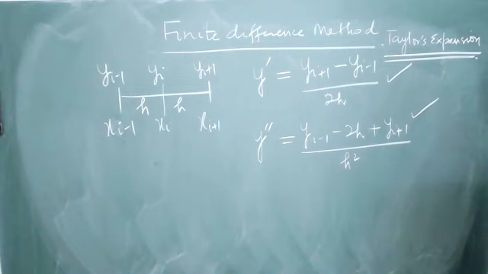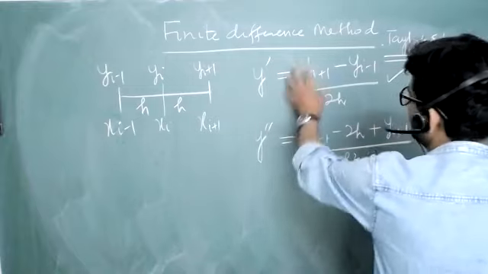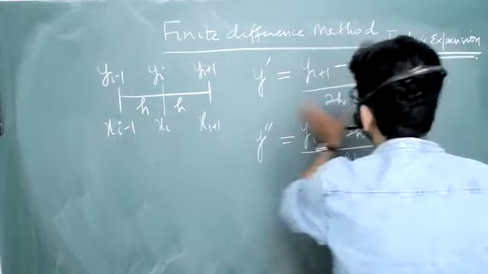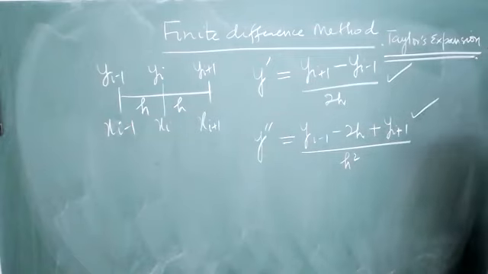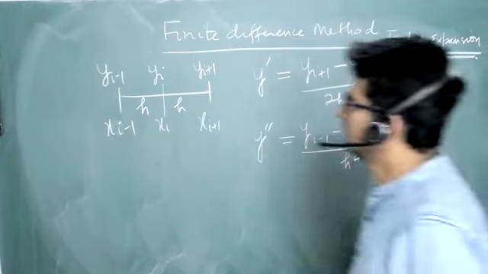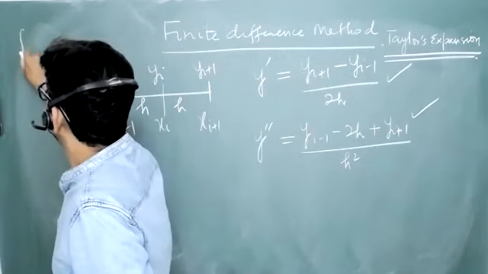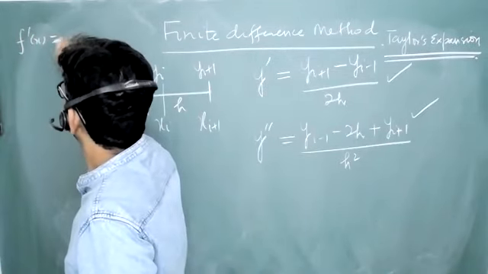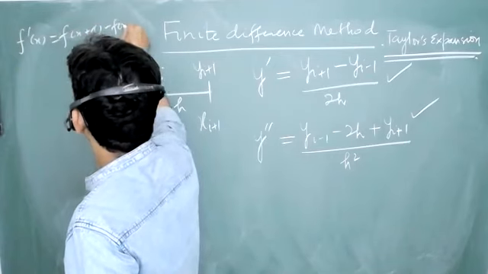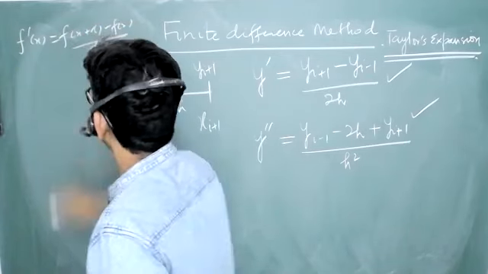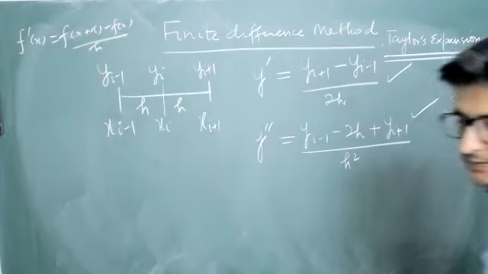Yes, sir. ये समझ में आया? थोड़ा सा समझ आ रहा है ना कि इन दोनों का डिफरेंस अपॉन द ग्रिड लेंथ. ये फर्स्ट डेरिवेटिव तो ऐसे डिफाइन करते हो ना जो आप क्लास 11th में डिफाइन करते हो, f dash of x is f(x plus h) minus f(x) upon h. Okay, something like this.